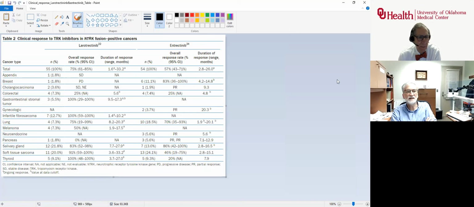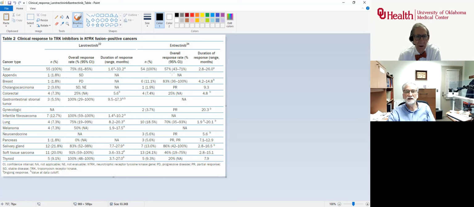But as you can see here, the overall responses to the 2 drugs currently approved for NTRK fusion positive cancers, larotrectinib and entrectinib, have really good response rates. The overall response rate is 75%, which is very high.